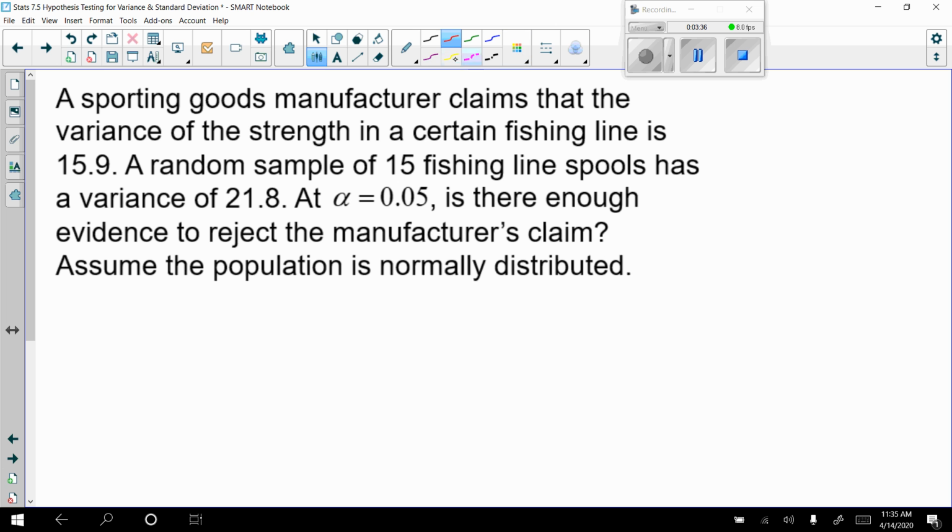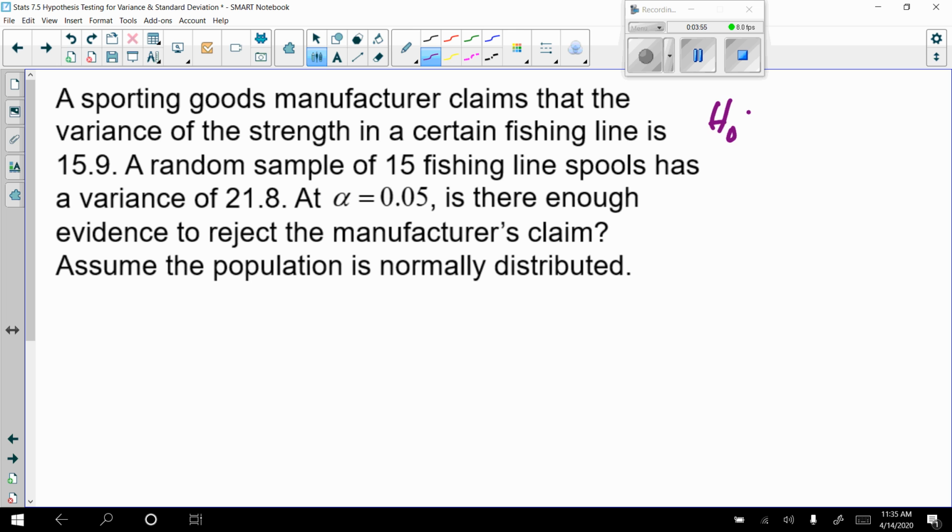And the last example, a sporting goods manufacturer claims that the variance of the strength in a certain fishing line is 15.9. The random sample of 15 shows that it has a variance of 21.8.